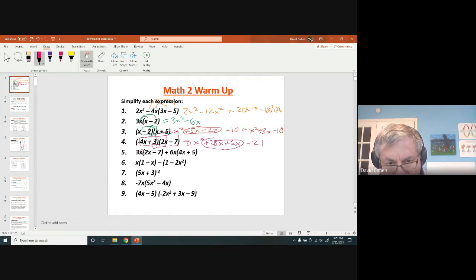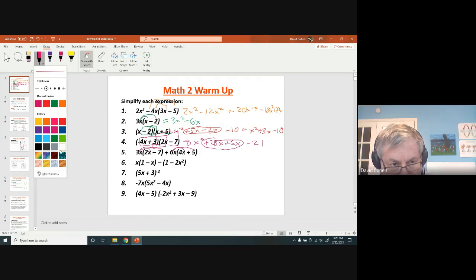Each of these have to be distributed, and then like terms need to be added together. Ultimately, you're going to have two x squared expressions, and you're going to have two x expressions. The two x squared expressions will be 6x squared and 24x squared. Get you another color because you may want to stop or pause this to take more notes.